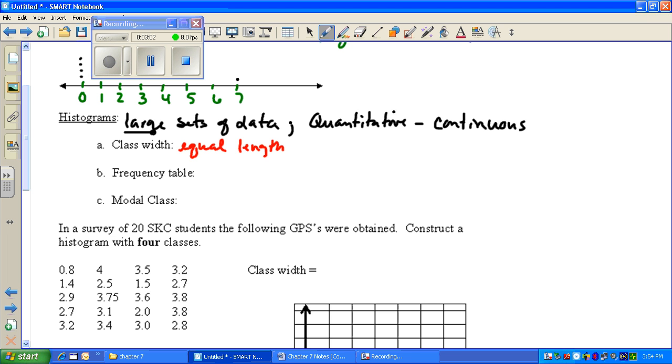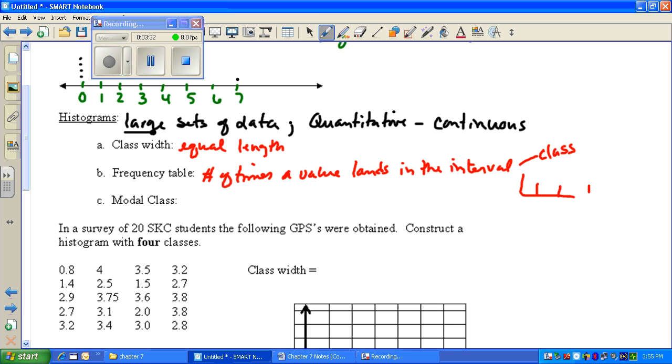Frequency table. We make a table to help guide us in our histogram drawing, and a frequency table is the number of times a value lands in the interval. Now, what's an interval? An interval is just the class. And the class is kind of like a bin. What we're going to do is, I may have all these little bins here, and depending on their size, they may land in the first bin, the second bin, or the third.